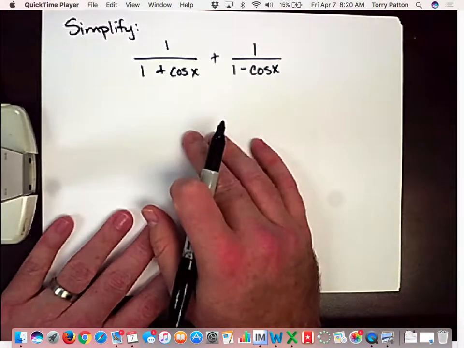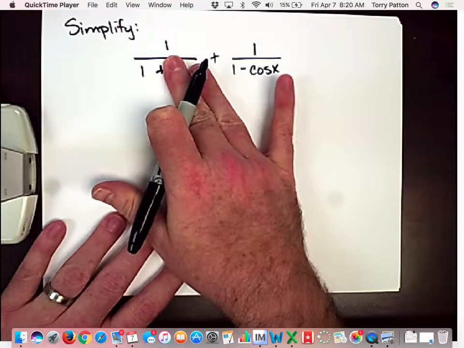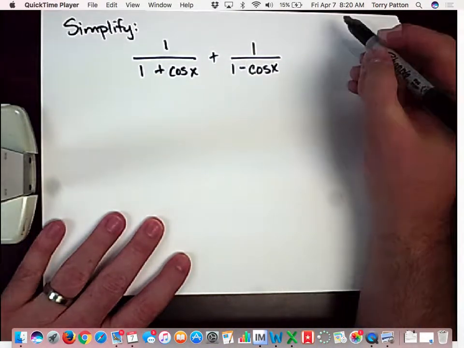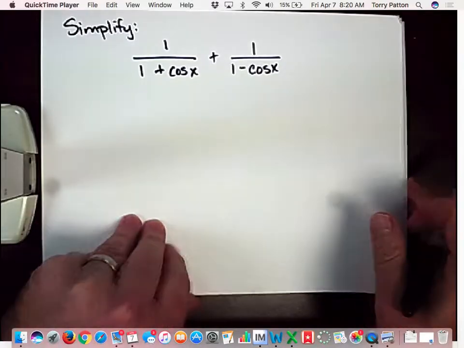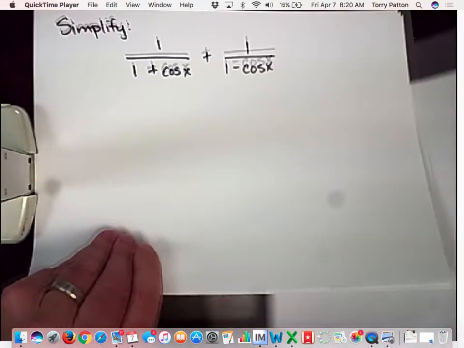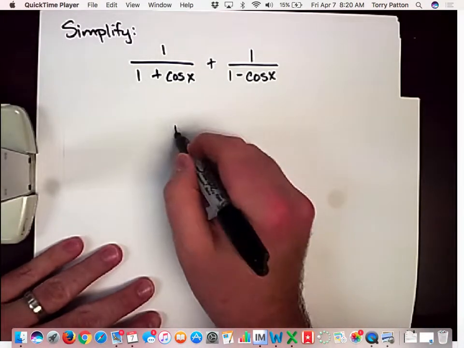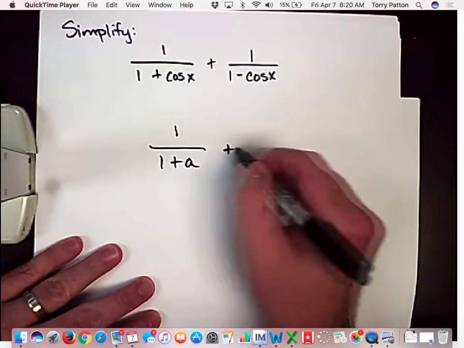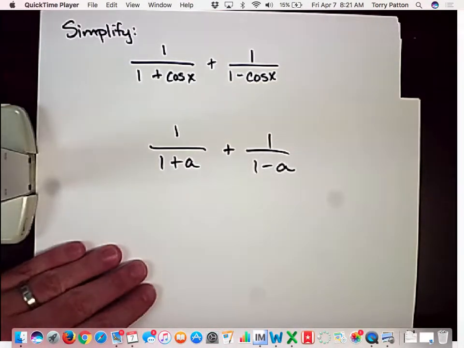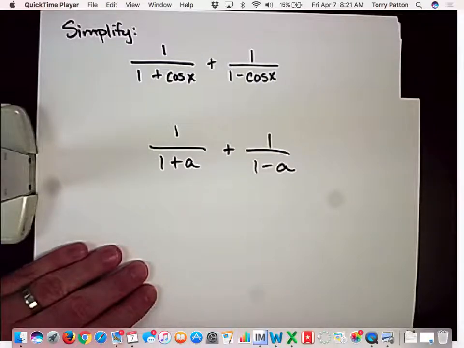If this were, instead of cosine x, if this just said 1 over 1 plus A plus 1 over 1 minus A, how could you simplify it? Get a common denominator, right?